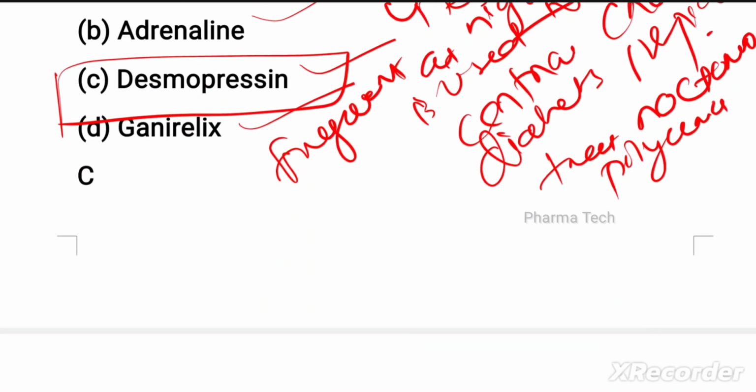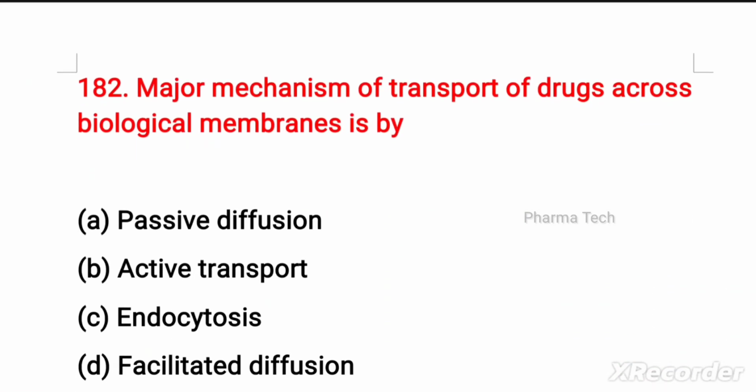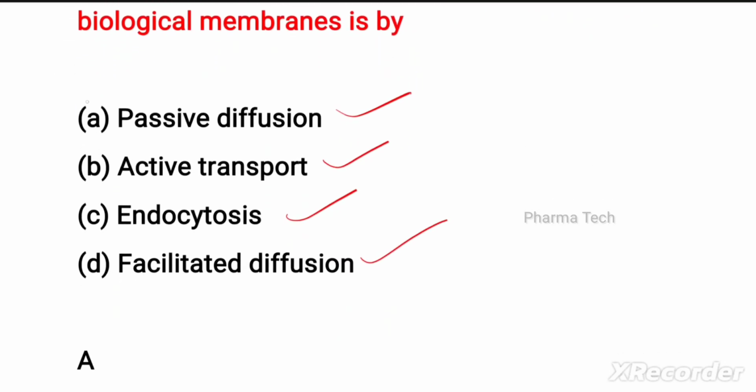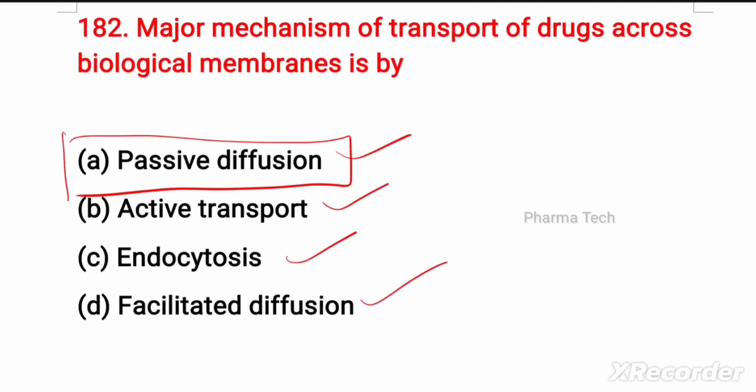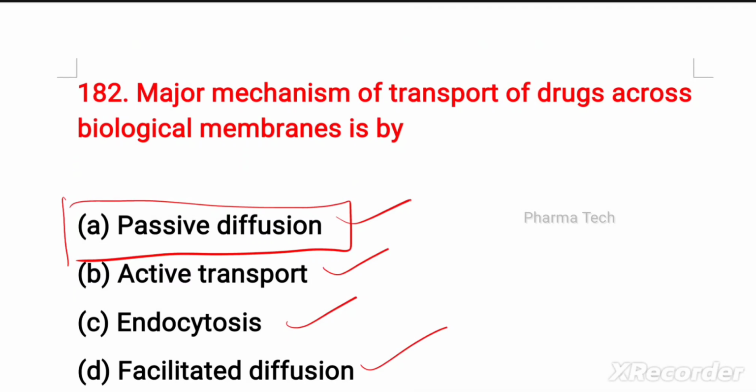Next question, major mechanism of transport of drug across biological membrane is by, options are passive diffusion, active transport, endocytosis, facilitated diffusion. Answer is A, passive diffusion. Major mechanism of transport of drug across biological membrane is by passive diffusion.